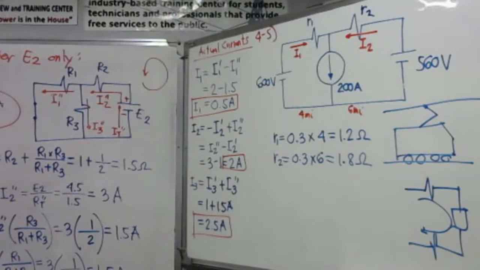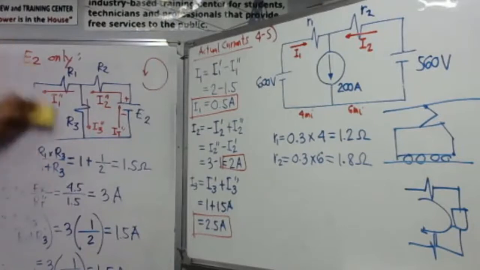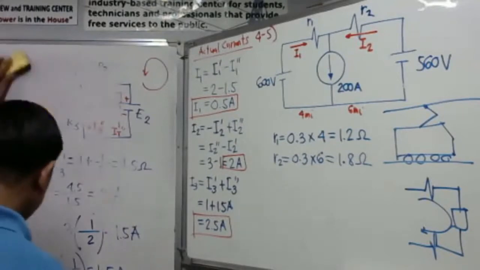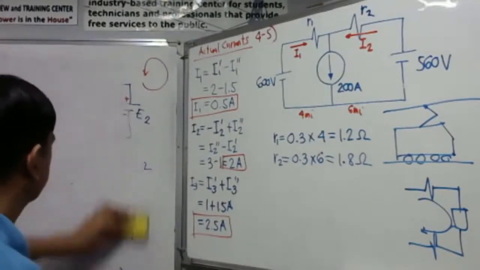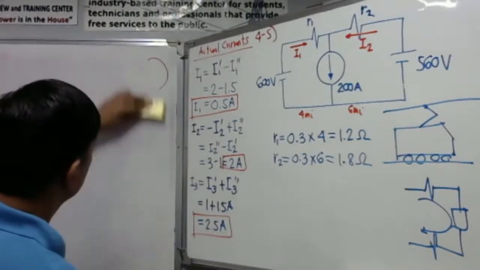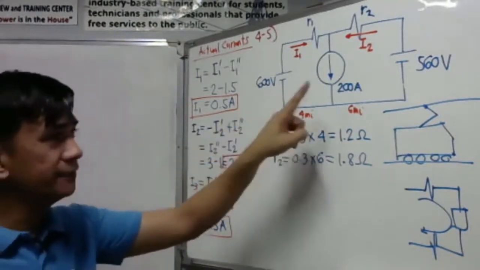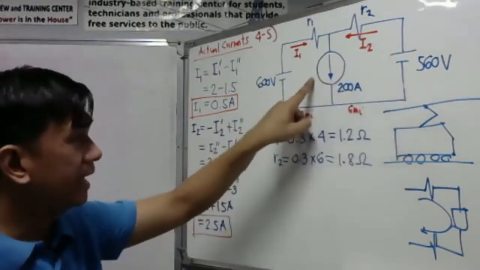Now we have an independent current source having a value of 200 amperes. So remember, in our circuit, we are given three sources: two voltage sources, 600 and 560 volts, and one current source here.